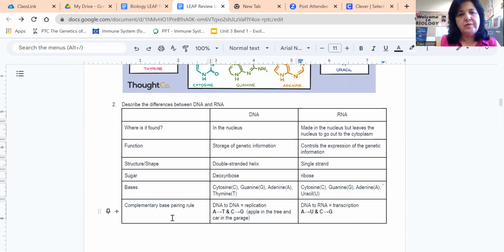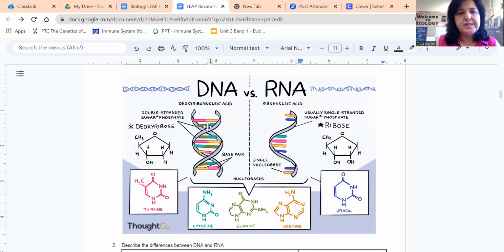Okay, and so if you'll look at this structure up here, you'll see in the DNA, you've got 2 different colors on each one of these base pairs. Okay, and that's because the nitrogenous bases or the nucleobases come in pairs in your DNA.